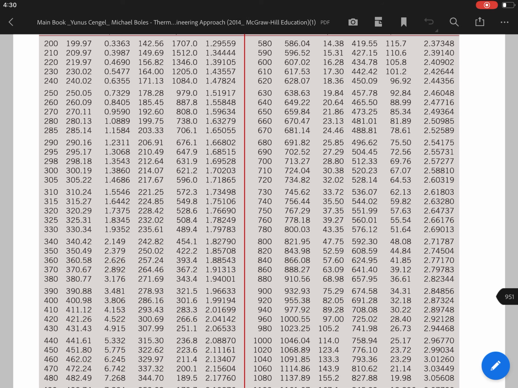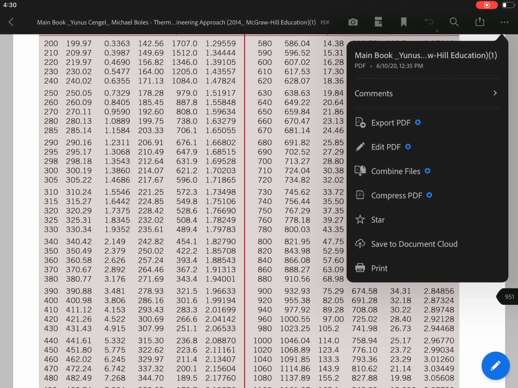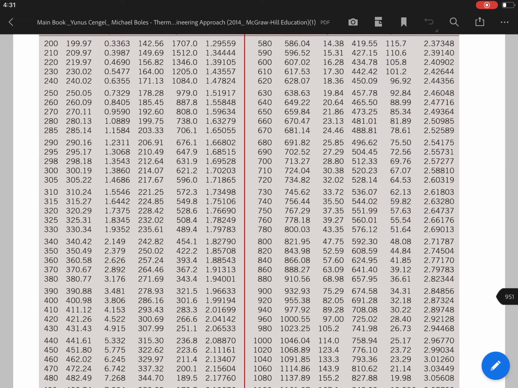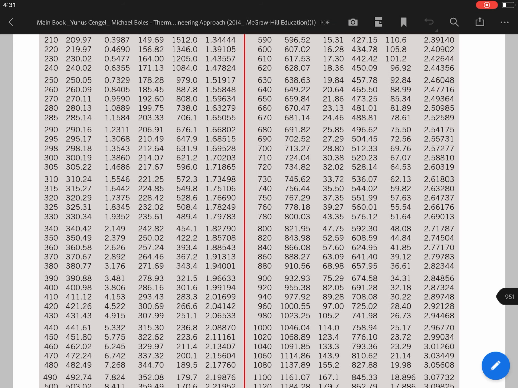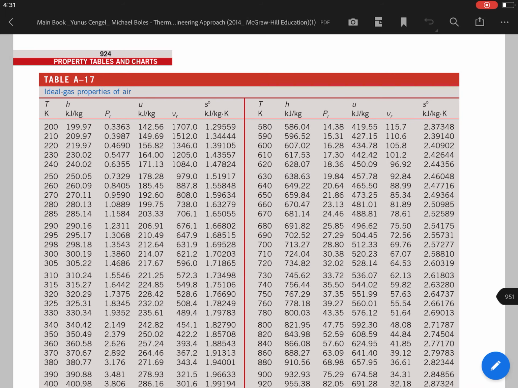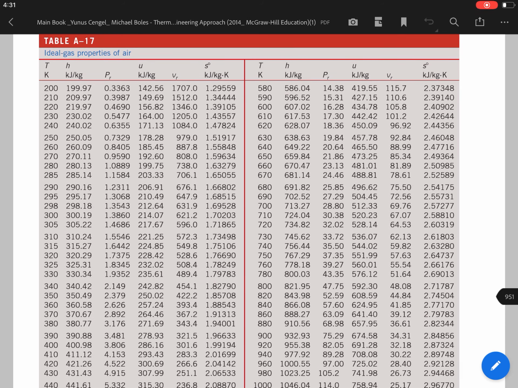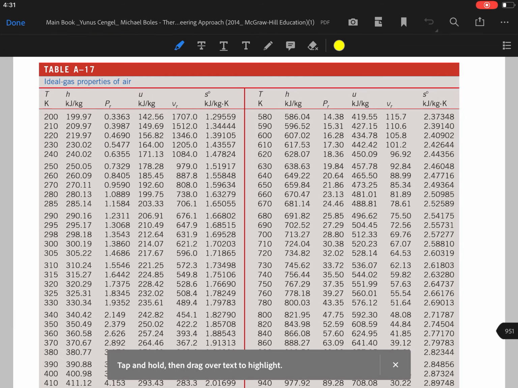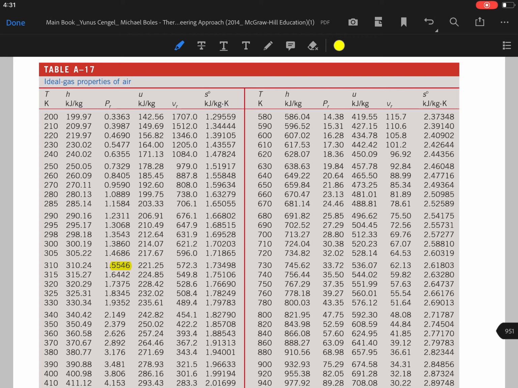In table A17, based on 310 Kelvin, we can see right here the properties of the air. The relative pressure is this one, and then the enthalpy is this one.